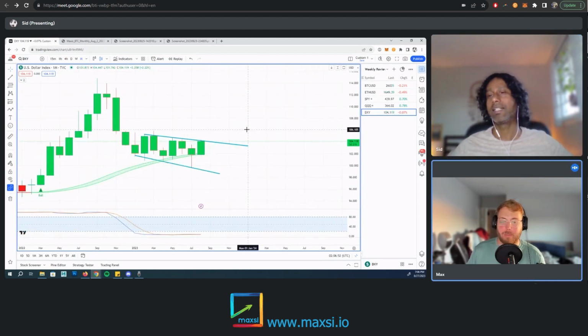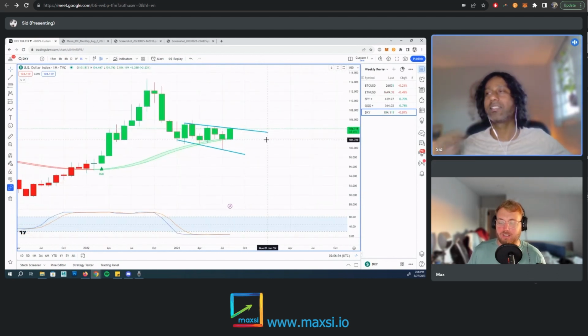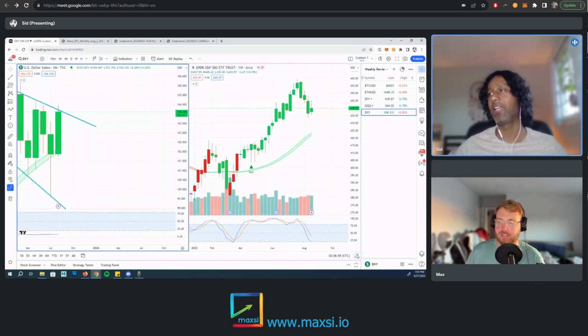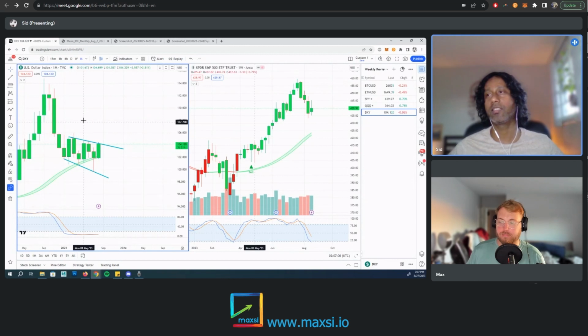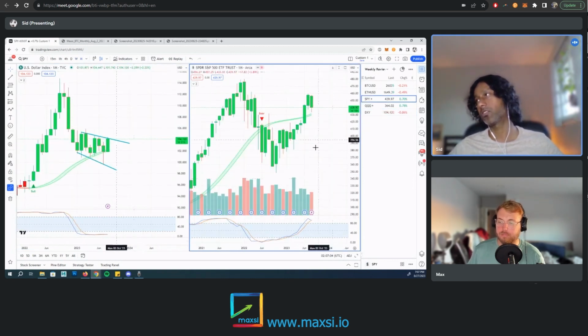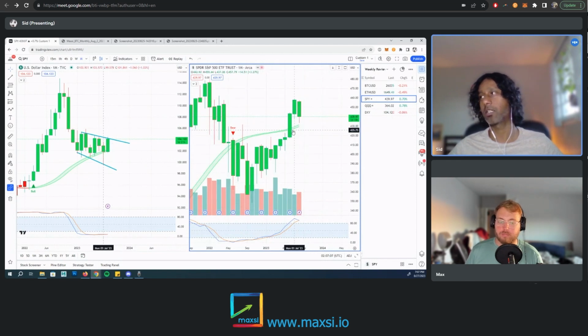That's a good one to catch. So if the monthly stays bullish for the DXY and the monthly for stocks closes bearish, then we could definitely see stocks have a pullback.